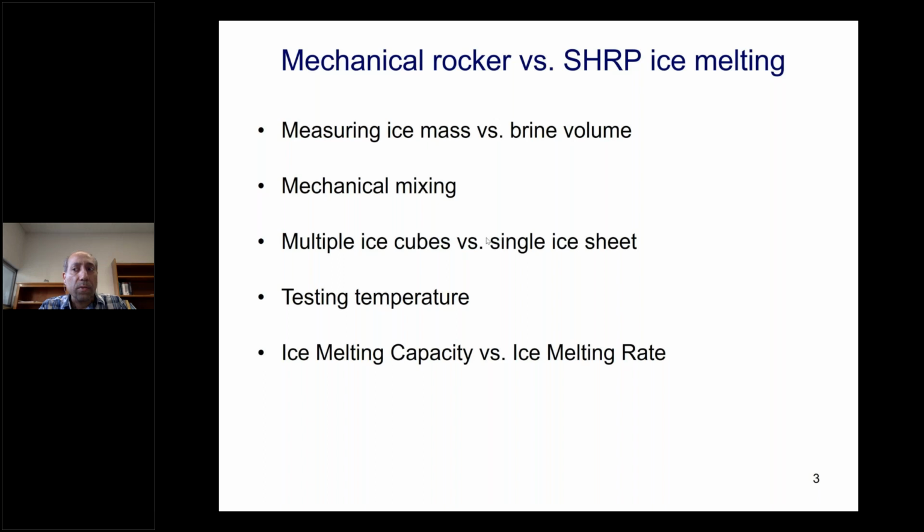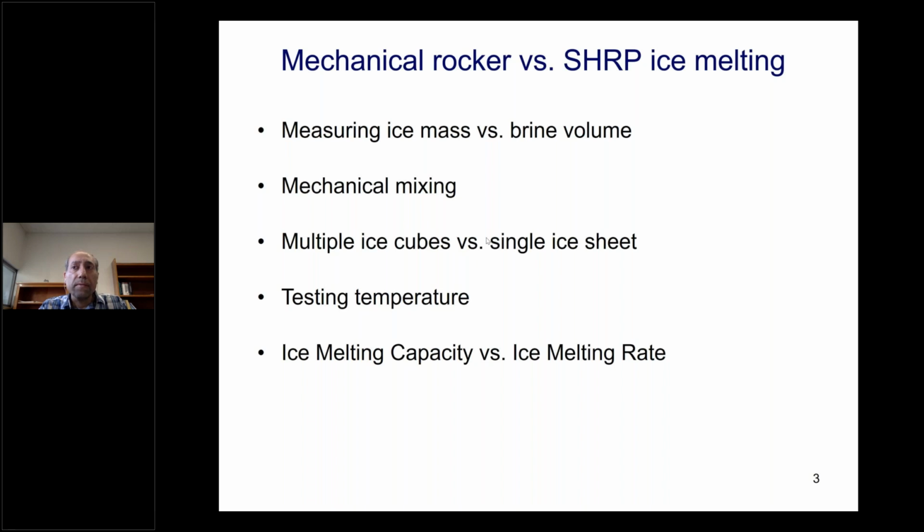And also, in reality, we don't have just one layer of ice. We have ice particles and also snow. So I think the mechanical rocker test can better simulate the real conditions than SHRP in terms of the form of the ice. Also, another point is mechanical mixing.